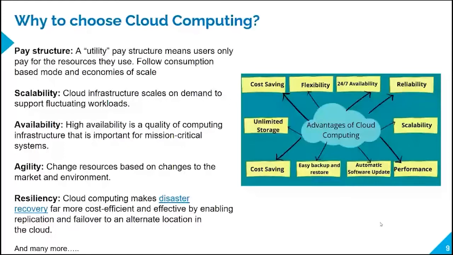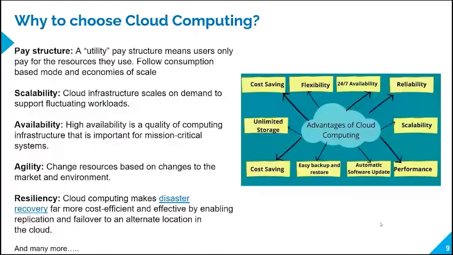Now, resilience. Resilience means, what if in the region where the data center of the cloud service provider is located some natural disaster occurs, like an earthquake or a power outage or a blackout? What will happen to your application? That is called resiliency.